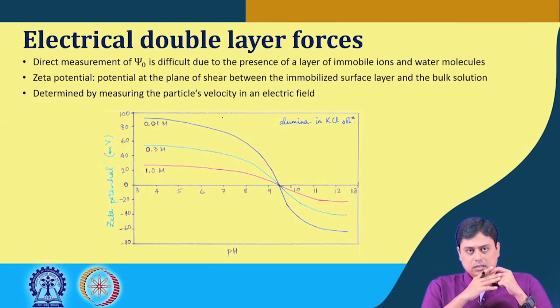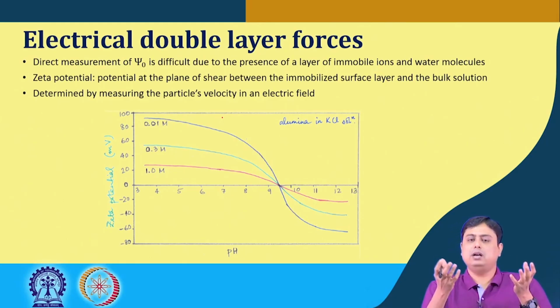The distance between the actual surface and this ion layer surface is about a few angstroms, so it provides a nearly accurate measure of the surface potential as well. The zeta potential can be measured by measuring the velocity of the particles under an electrical field.